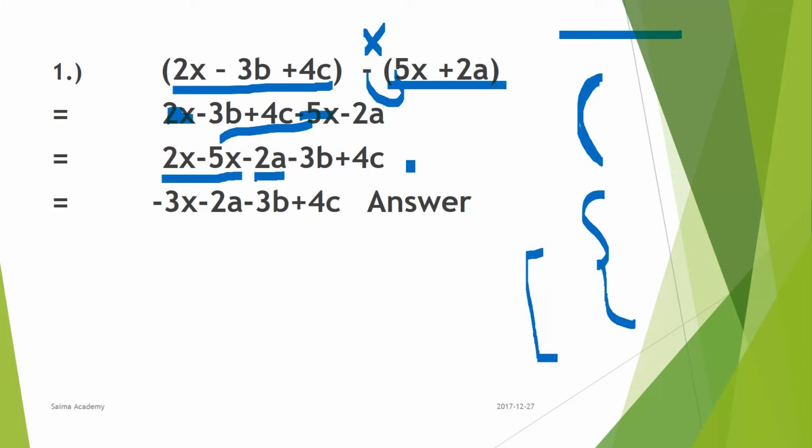Because they do not have the same basis, we will write down as it is. With different basis, I cannot add or subtract 2x or 3b or 4c and 5x. No, same basis. See, this is x, this is x. So 2x minus 5x equals minus 3x. And then minus 2a minus 3b plus 4c will remain the same.